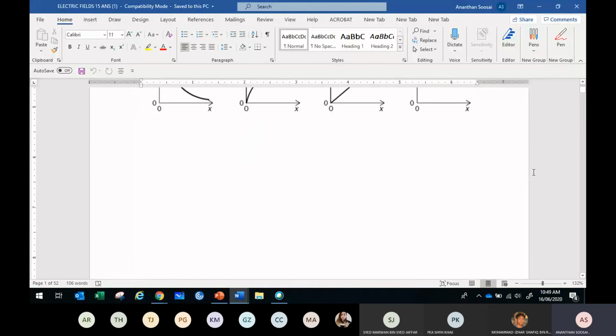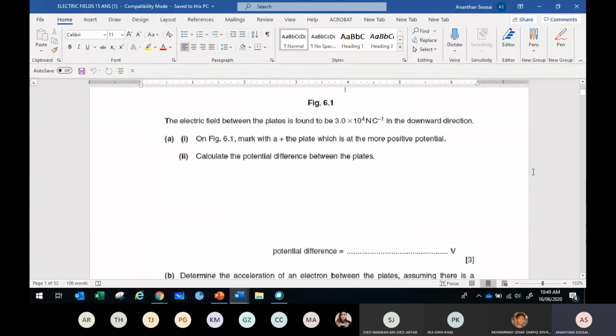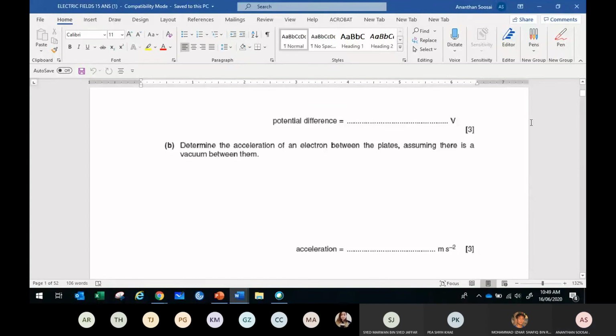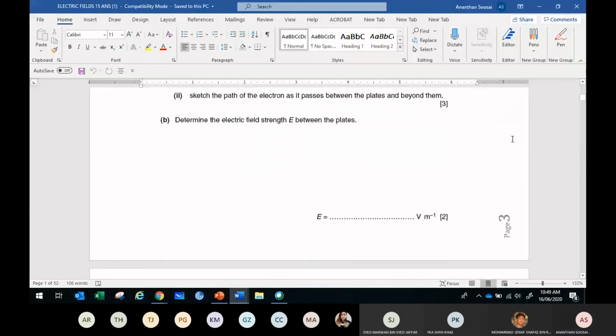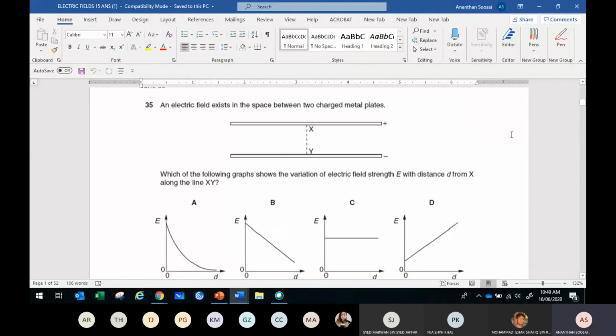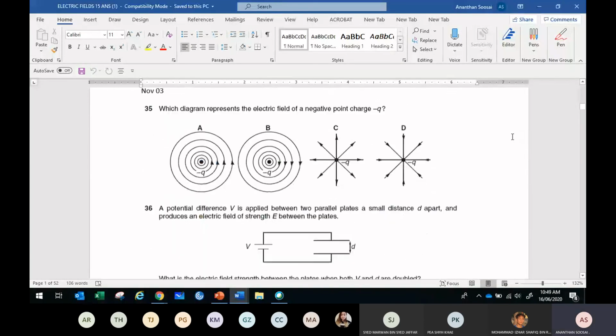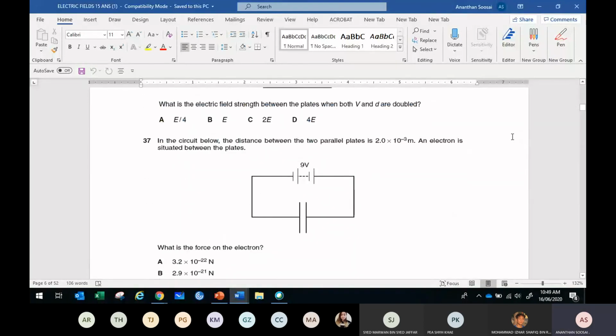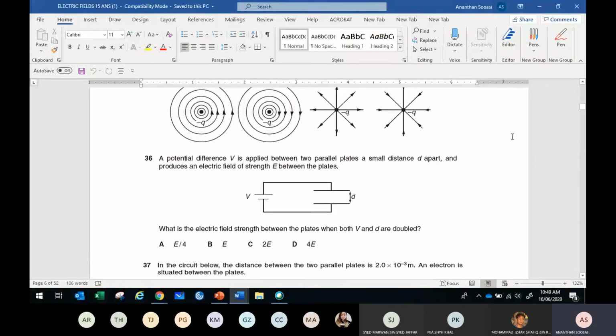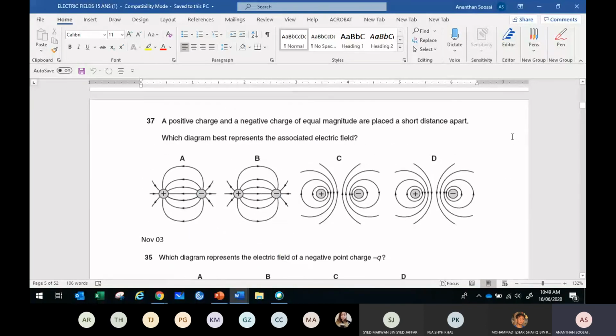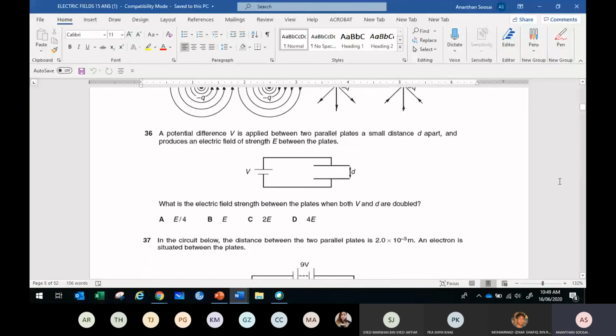The first question I'm going to select for you is, let me scroll down. Okay, this one. Page 6, question 36. Send me the answer through WhatsApp.